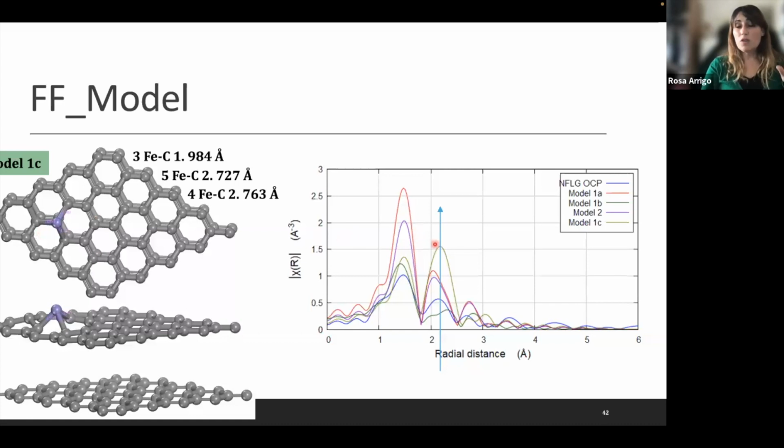You can see that for a single vacancy, you would expect this peak to be a little bit higher, which does not fit with our experimental data. So, from the relative intensity, we can exclude that we have this type of species.